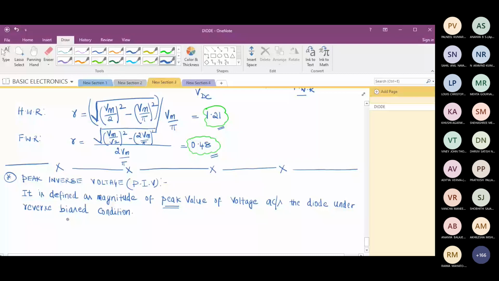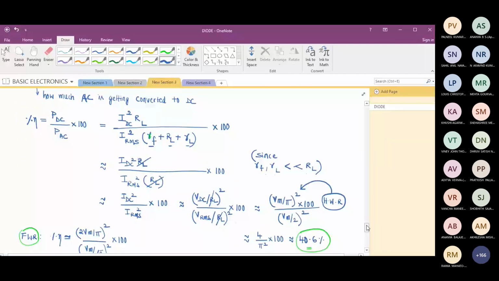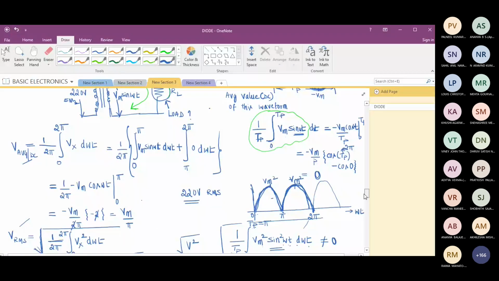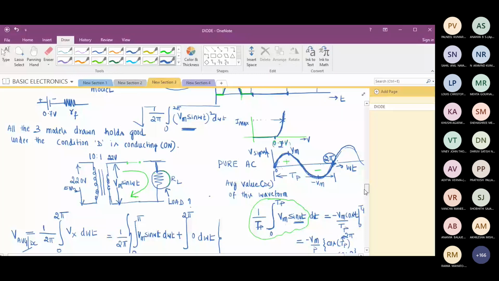I will take the half-wave rectifier. So this is the circuit, half-wave rectifier. Is it visible? Tell me, under what condition does the diode get reverse biased?